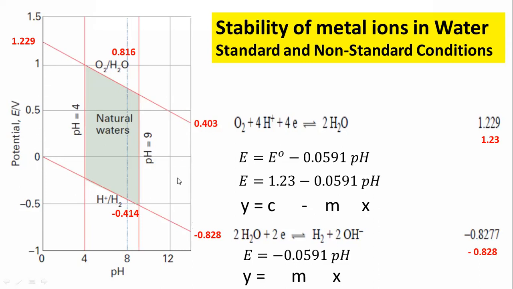This is called the stability of the water, and that means the water is stable inside this graph, or you can say all the metals or metal ions whose potentials exist within these regions are also stable. This is a big statement, and it may be difficult to understand right now.